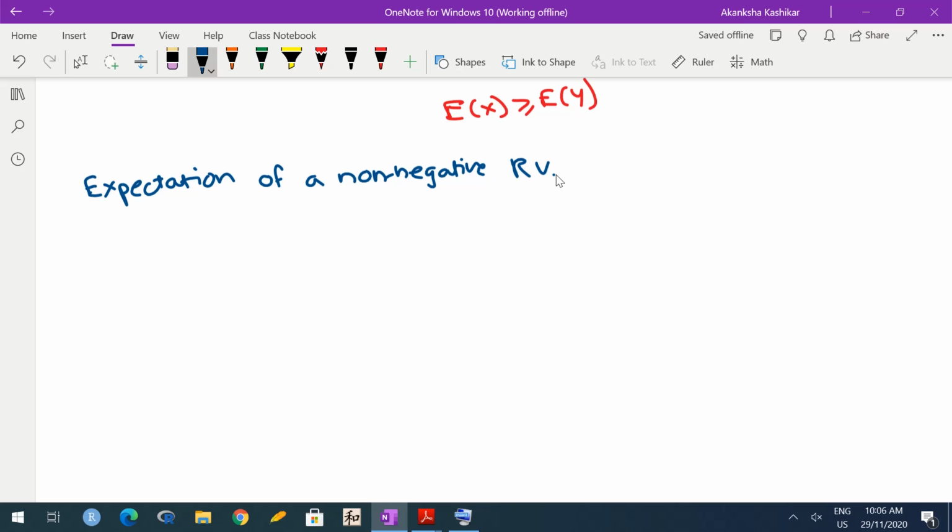So we would use that result. Let X be a non-negative random variable defined on the probability space Omega, script F, P.